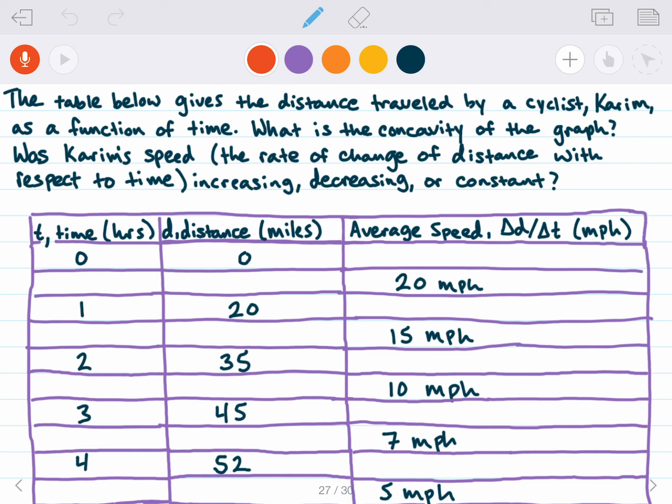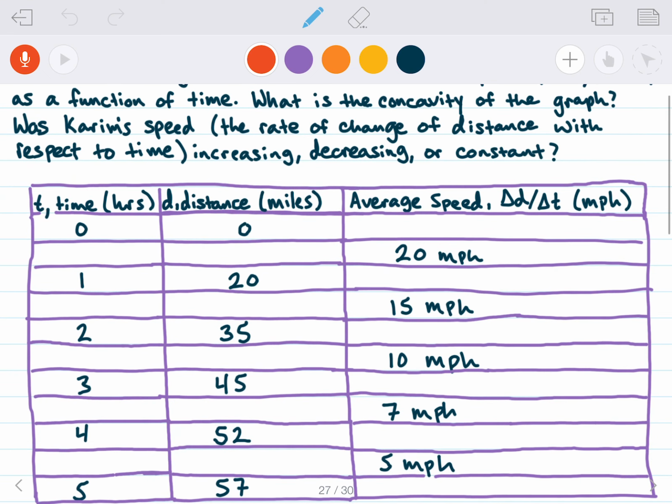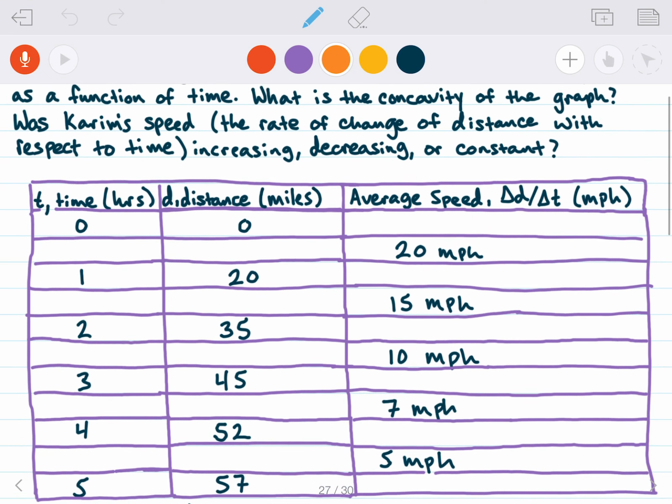All right, so this table is giving us the distance traveled by a cyclist as a function of time. We want to investigate the concavity and then talk about the speed, which is the rate of change of the distance with respect to time. So here, the input is our time, which we can think of as our x value on our x-axis, and d, our distance, is our output in miles.